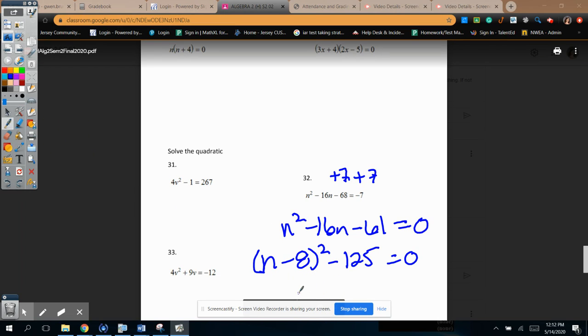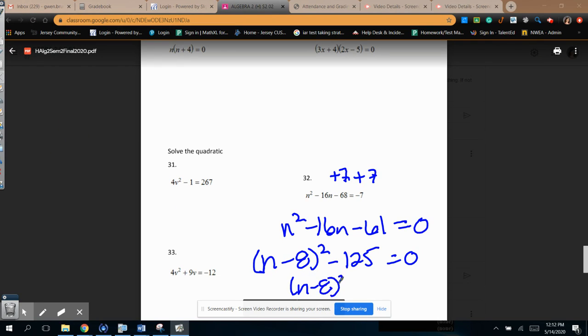Okay, solve it. n minus 8 squared equals 125. Square root both sides. This did factor, I guess. n minus 8 equals... No, it didn't factor.